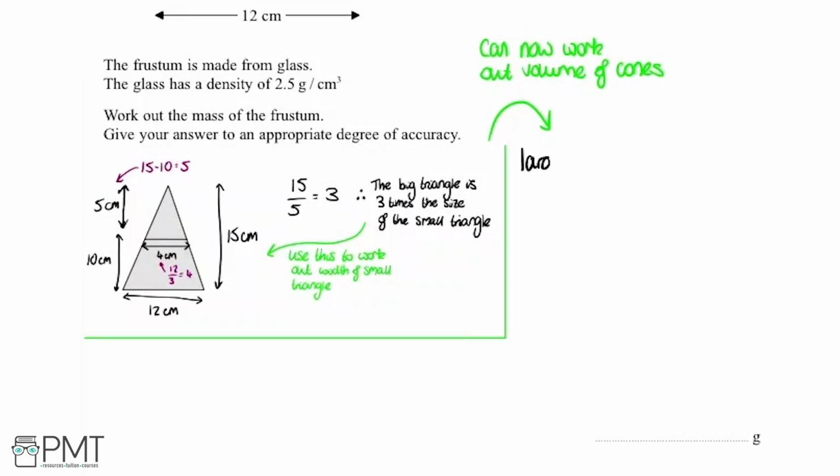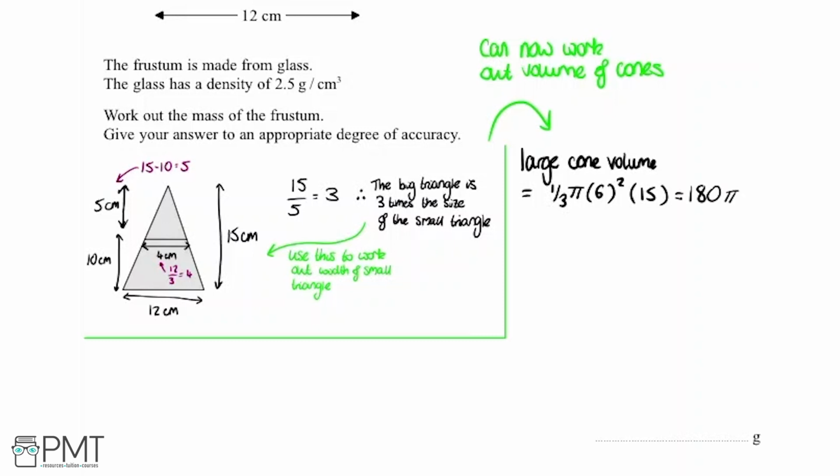For the large cone, the formula for the volume of a cone is in the box above. So the volume is going to equal a third times pi times radius squared, and the radius is half the diameter, so it's 6 squared, multiplied by h, which is 15. Putting that into the calculator, we get 180 pi.